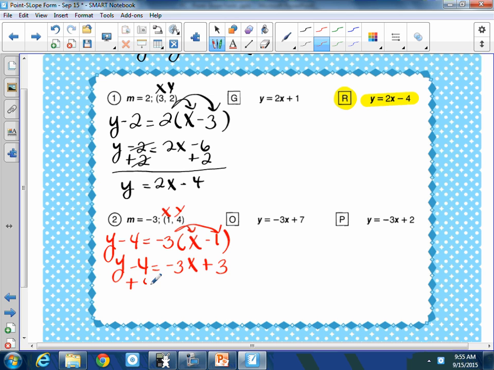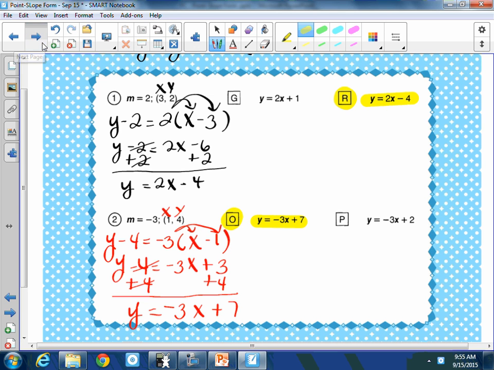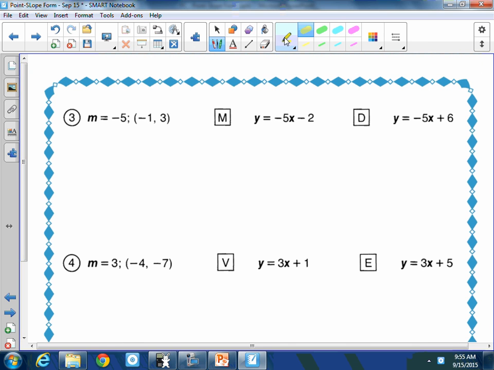Now I'm going to add 4 on both sides, and y equals, because this is 0, negative 3x plus 7. So the correct answer was O. All right, same thing over here.